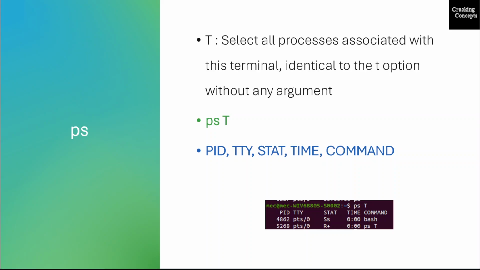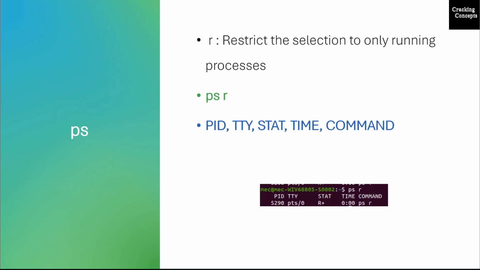R+ means it's a foreground process that is actively running or ready to run on the system, followed by the time and the command that started the process. Now option r will restrict the selection to only the running processes. So the command is ps followed by r. Here also we have the fields named as PID, the controlling terminal, the process state, time and the command.